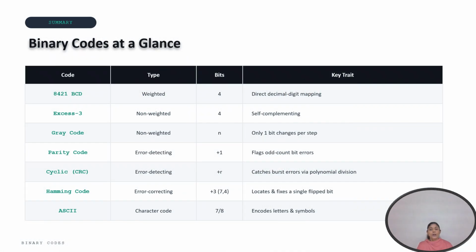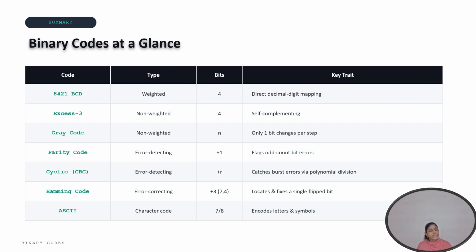So in this session, what did you learn? You learned weighted code as well as non-weighted code. In the weighted code, you learned 8421 BCD, right? How many bits are there? 4 bits. What is happening here? The direct decimal digit is getting mapped to 8421.